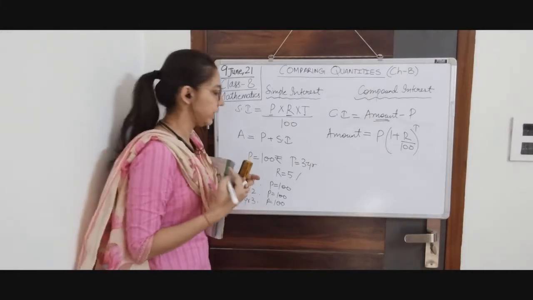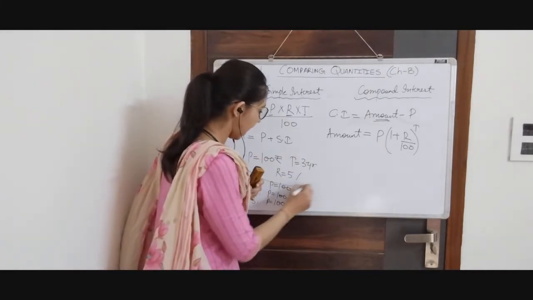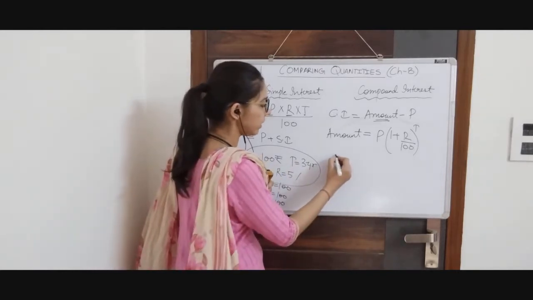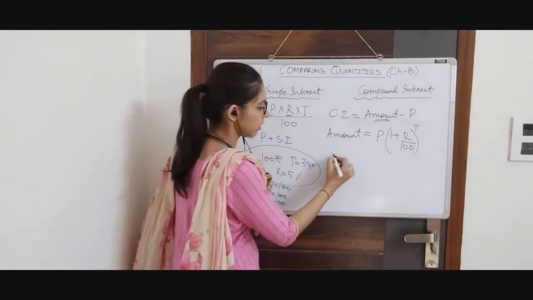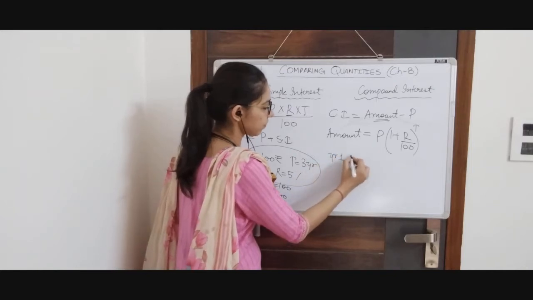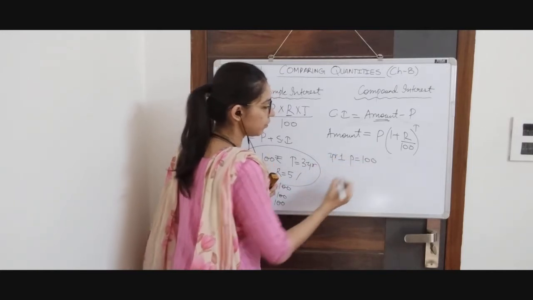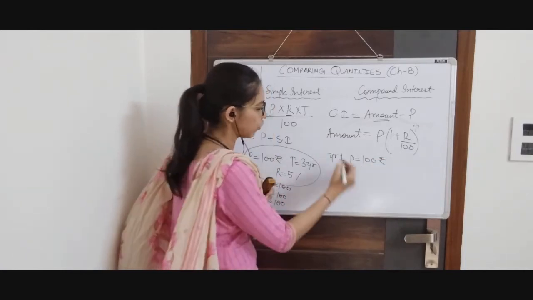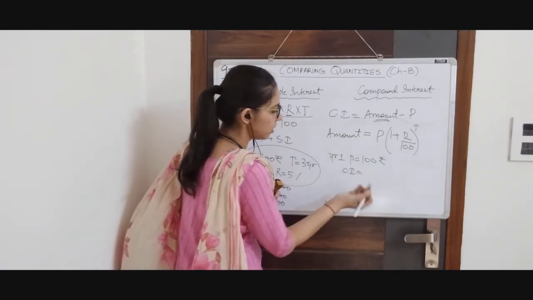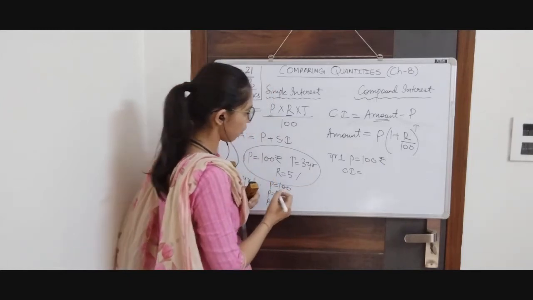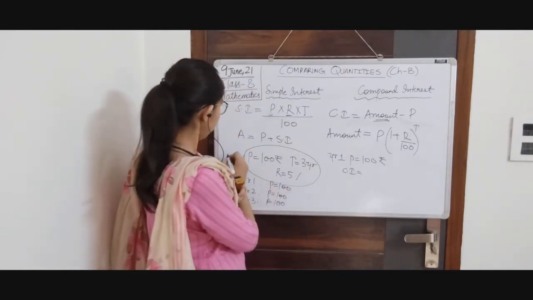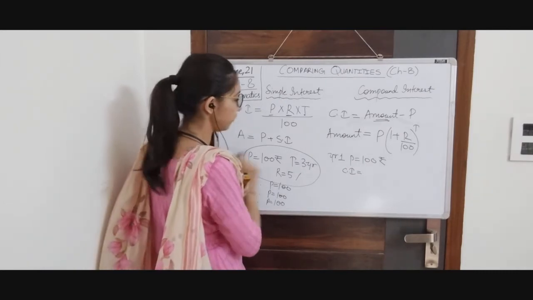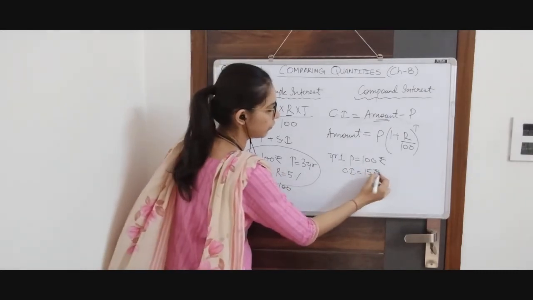But in compound interest, if we have the same measurements, suppose for year 1 we had principal as 100 rupees, and suppose we calculated the compound interest to come out to be 15 rupees.